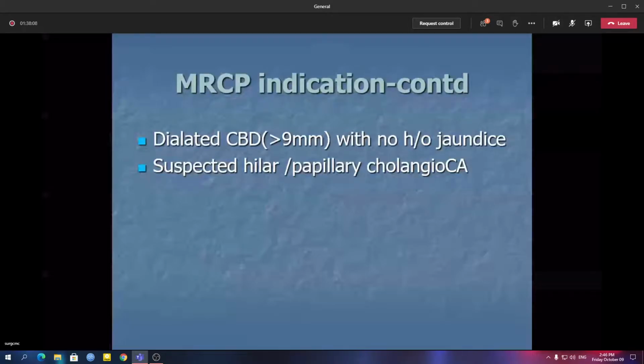So when we find a dilated common bile duct with no history of jaundice, or hilar or papillary cholangiocarcinoma, somebody was asking whether the filling defect is malignancy or not, then MRCP is helpful.